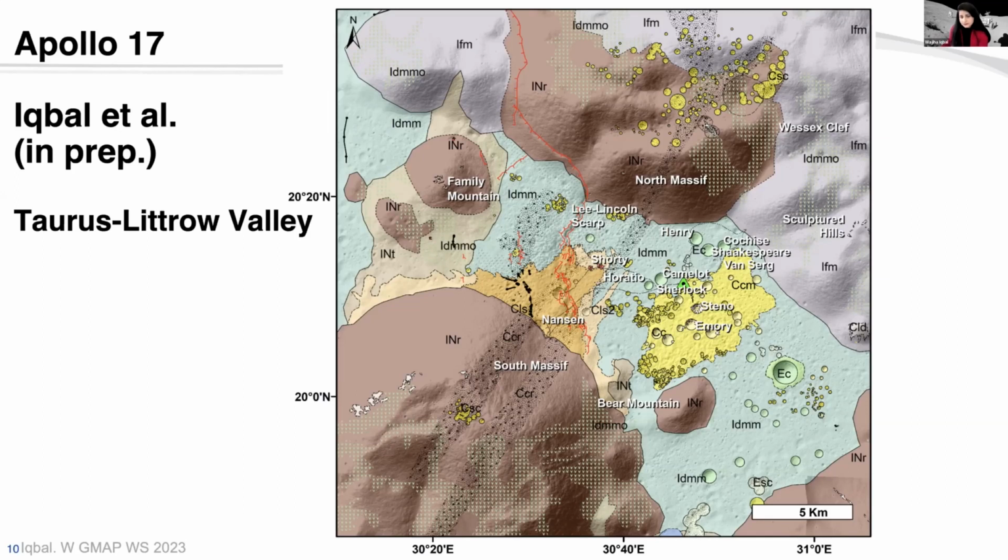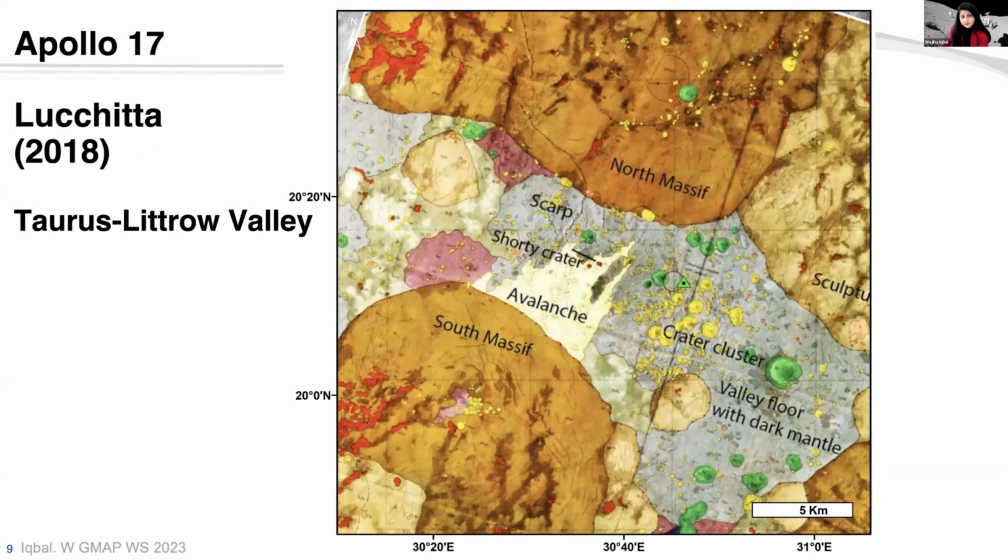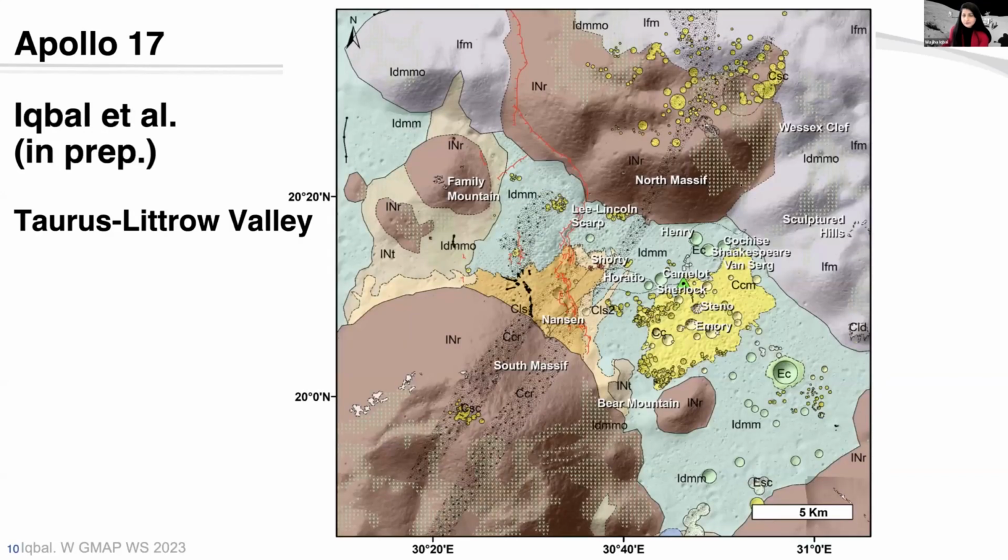And here we see that the deposit that I explained before was considered a volcanic deposit, maybe occurring from vents in the highlands. In our different image data, we didn't see any evidence of volcanic vents.